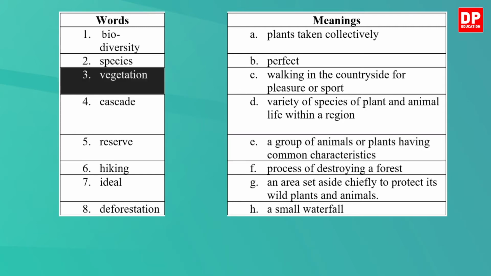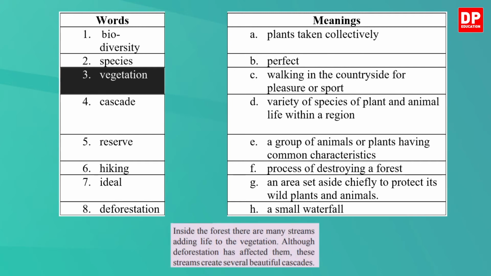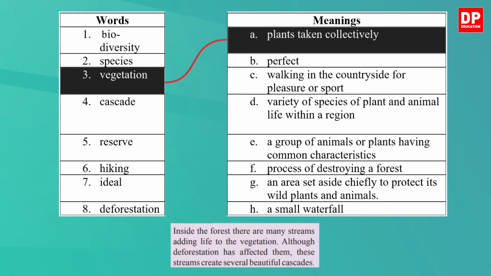The third word is vegetation. It is in the section regarding waterfalls. Read this sentence. Inside the forest, there are many streams adding life to the vegetation. Vegetation means plants. The answer is A. Plants taken collectively.